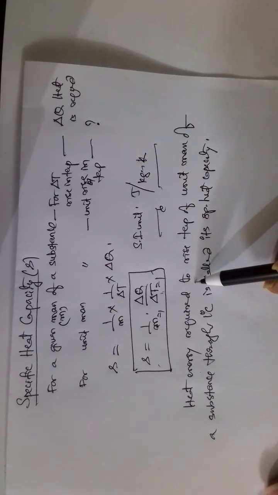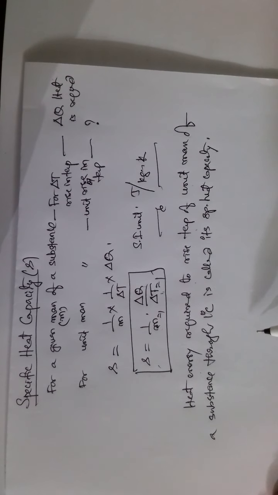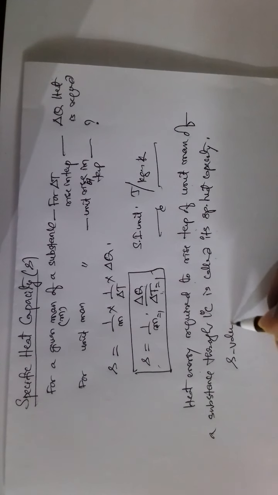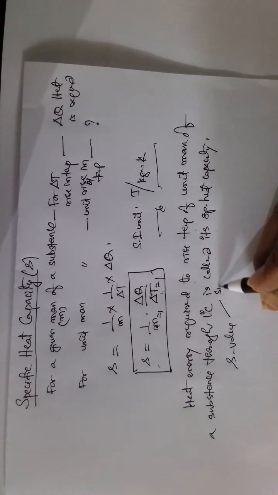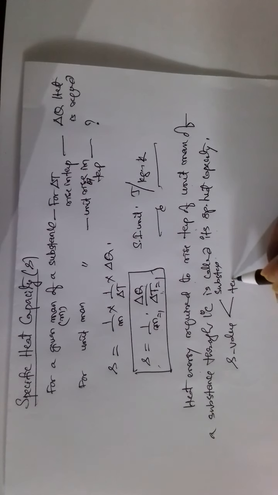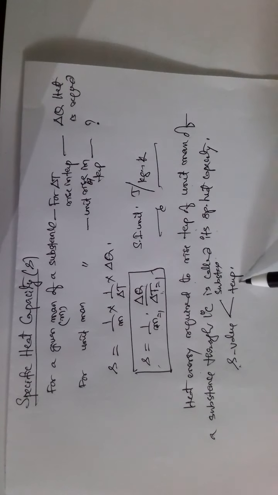Heat energy required to rise temperature of unit mass of a substance through 1 degree centigrade is called its specific heat capacity. Its value depends upon the substance as well as temperature.